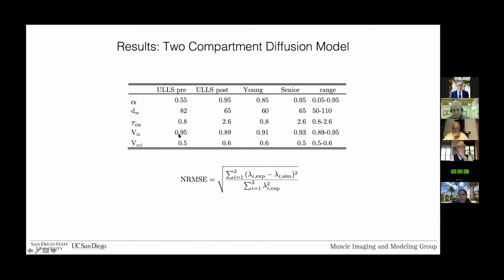And intracellular volume actually decreased here a little bit and didn't change much. So in the aging, our fitting was not as good as maybe what the disuse atrophy fitting yielded. Basically, it said that the fiber cross section became more circular and that there was a decrease in the fiber diameter, both of which is as anticipated.